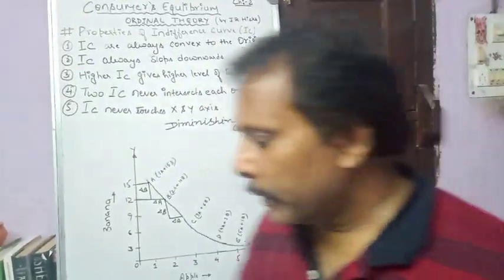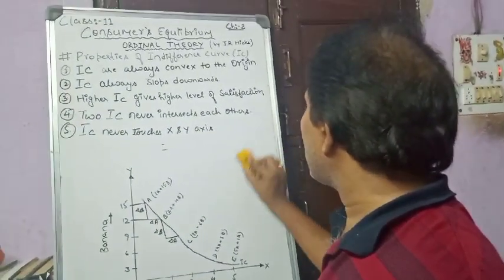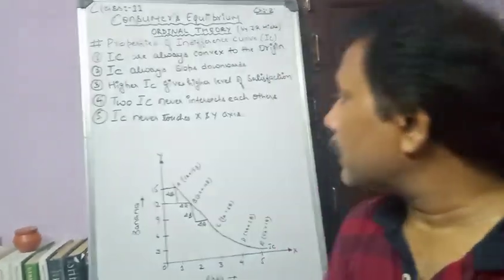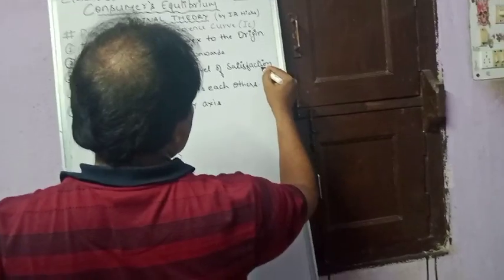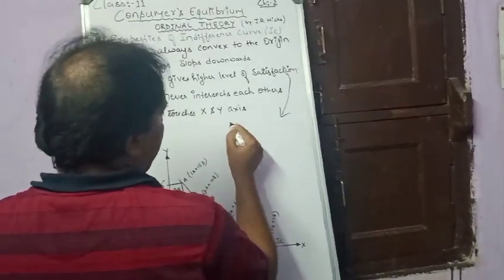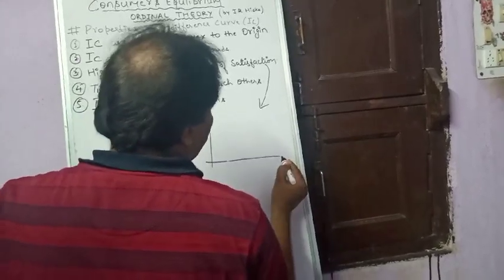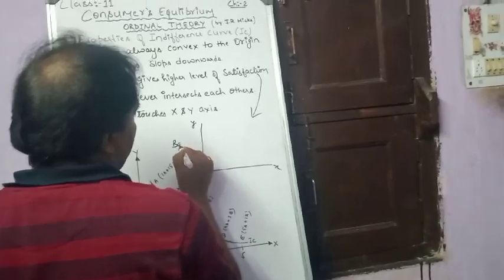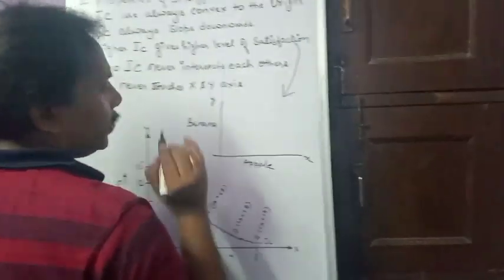The third is that a higher IC gives a higher level of satisfaction. So higher IC always gives a higher level of satisfaction. Look here, that is the y-axis and this is the x-axis. Suppose here is banana, and here is apple. Is it clear?